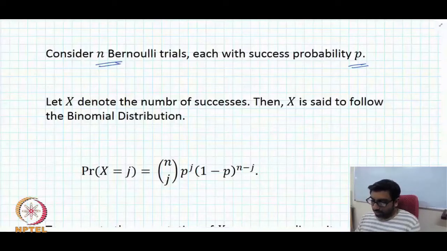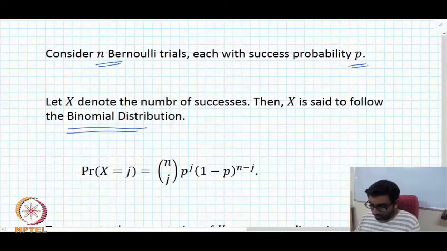Such a random variable is said to follow the binomial distribution. It basically gives you the number of successes.